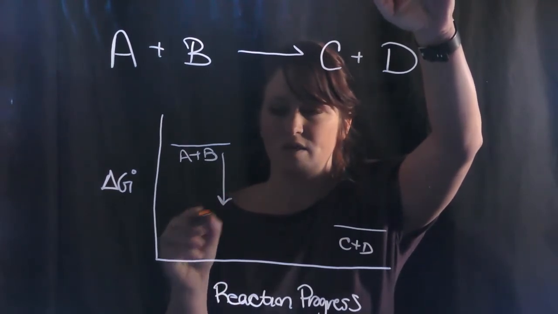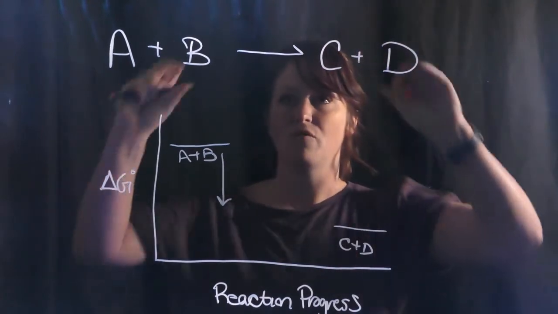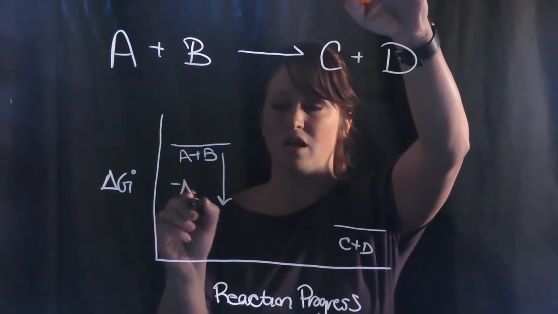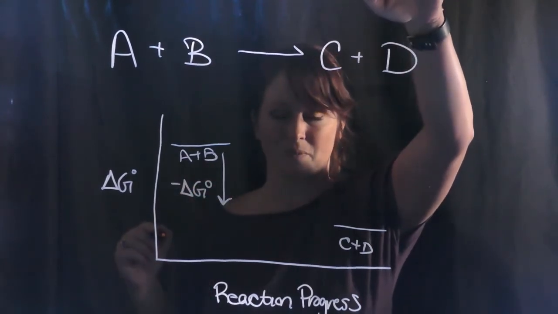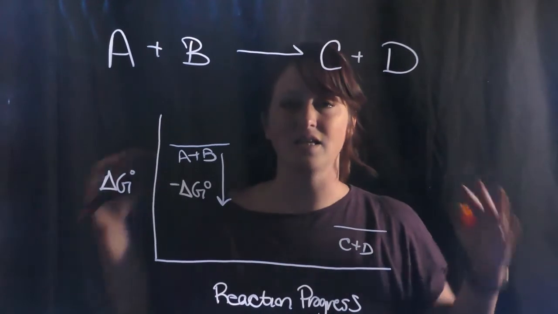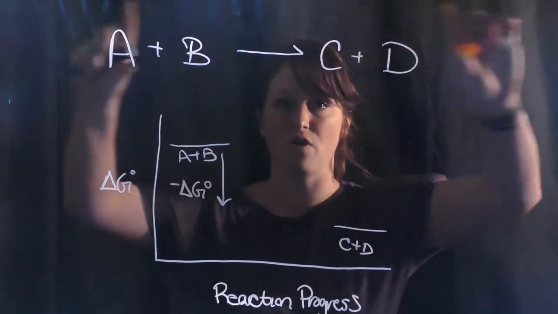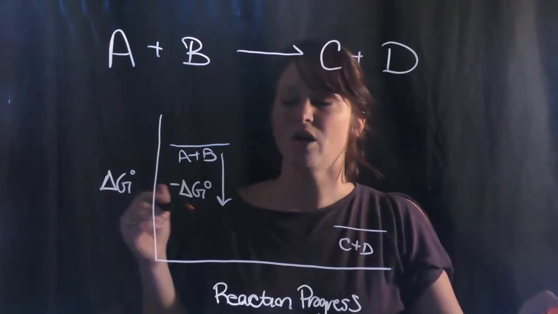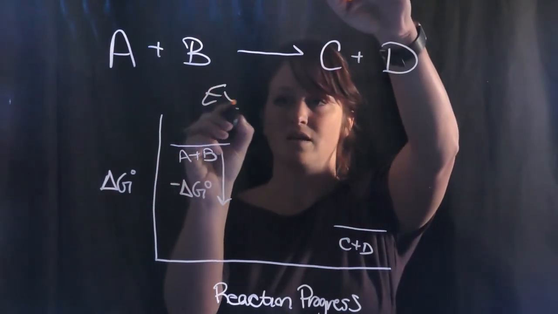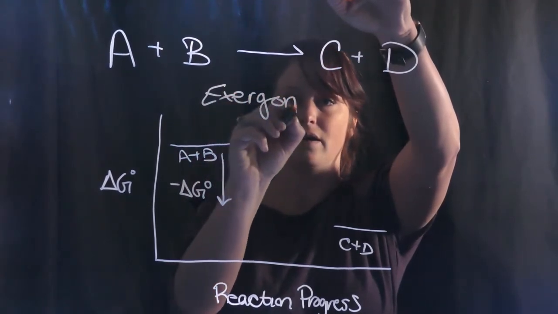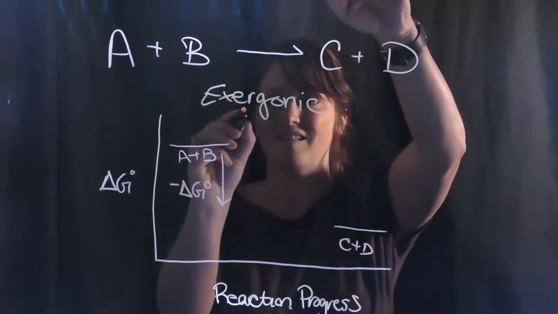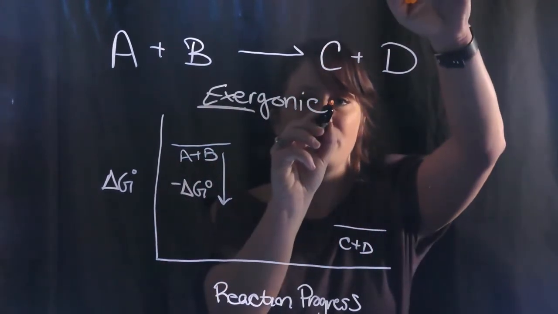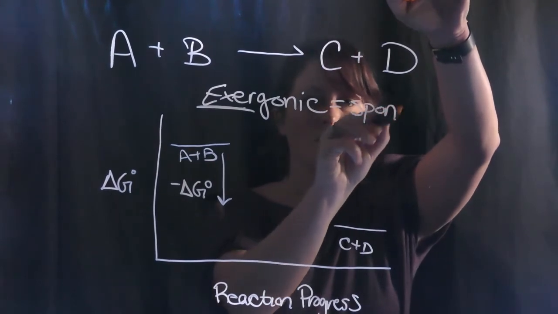When we have a drop, we say we are releasing energy from the system into the surroundings, and we get a negative change in our delta G. That negative change, again, indicates that energy is released from the system, our reaction, into the surroundings. And we call these types of reactions exergonic because energy exited the system. Exergonic reactions are then by nature spontaneous.